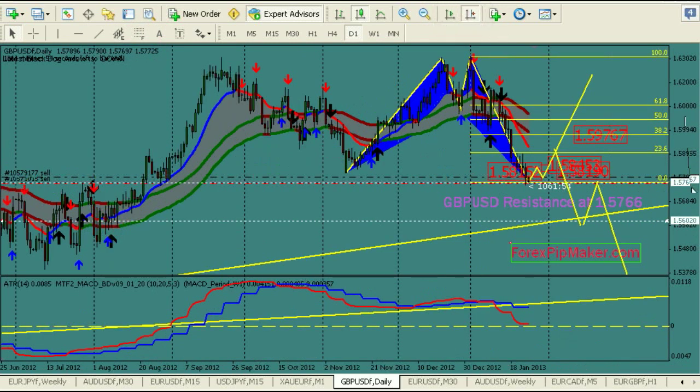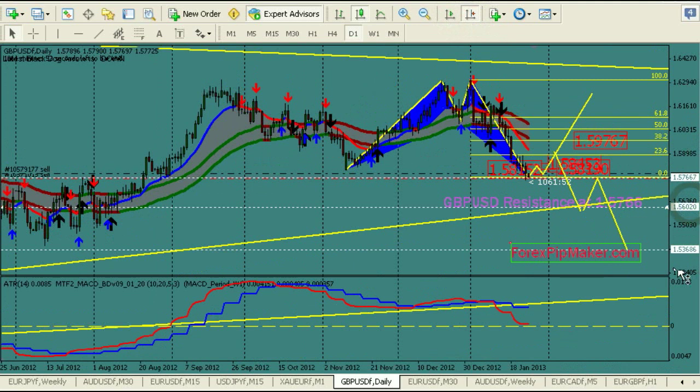That's a nice 230 pips or thereabouts to look at. So I've just given you some examples.